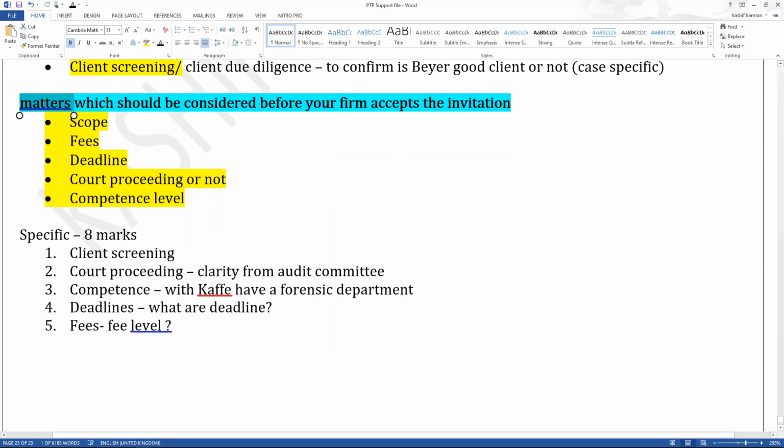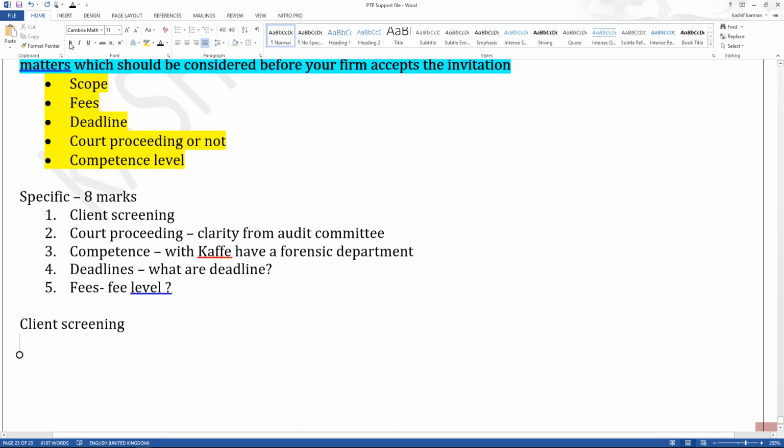Okay, let me just write one or two paragraphs for you quickly before we take on the procedures and wrap up the answer. Now, suppose I'm writing the answer, I'll first start with client screening and see how I write my 2 marks answer. I'll write under this: Bear is a new client for the audit firm.